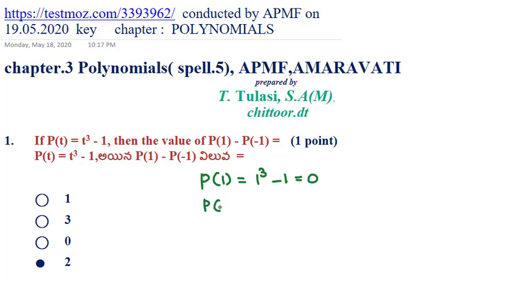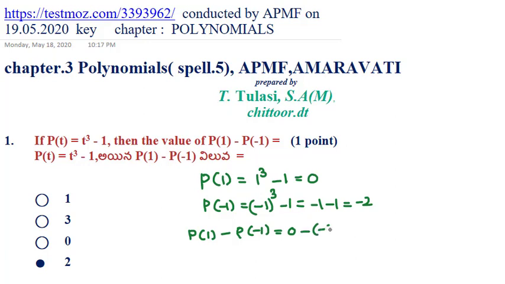Next P of minus 1 equals minus 1 cube minus 1, that equals minus 1 minus 1, that equals minus 2. And we have to find P of 1 minus P of minus 1. So 0 minus of minus 2 equals 0 plus 2. So the answer is 2.